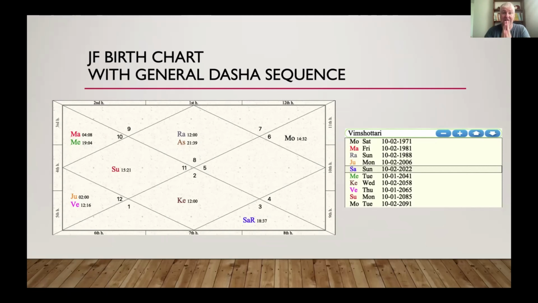And there's another concept that I want you to be familiar with, which is what we call the dasha sequence. The dasha sequence is a period of time that people go through, and everybody is different. So I went first through my moon dasha. What does that mean?